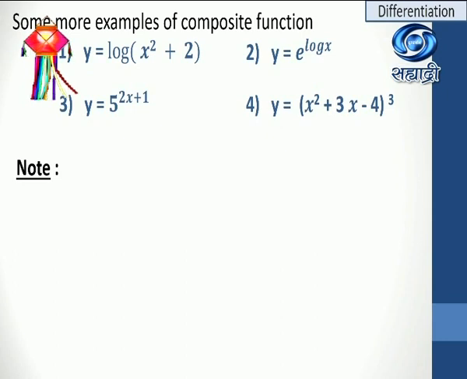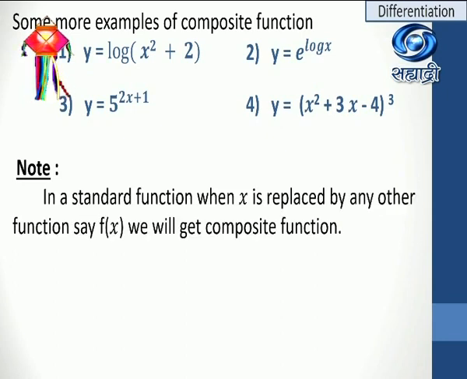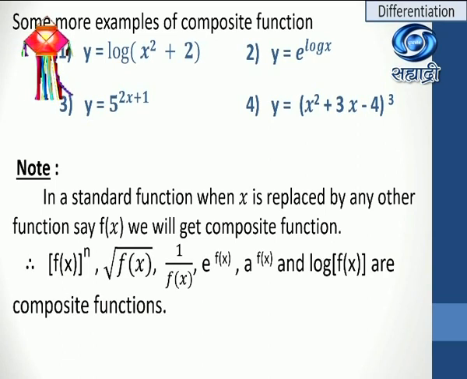So now it becomes a composite function. So in general, we can say that in a standard function, when x is replaced by any other function, say f of x, we will get composite functions. Therefore, (f(x))^n, root f of x, 1 upon f of x, e^(f(x)), a^(f(x)), and log of f of x are composite functions.